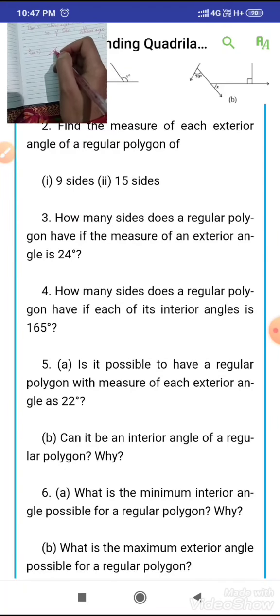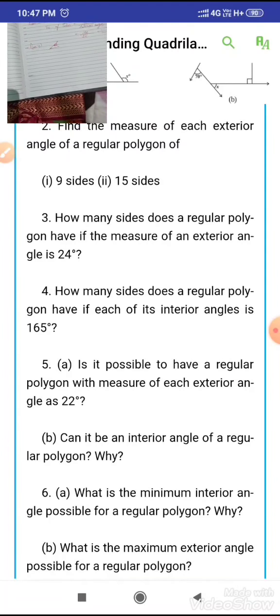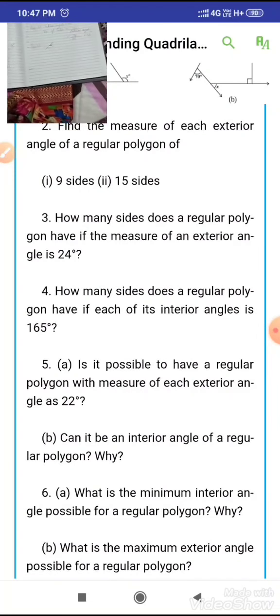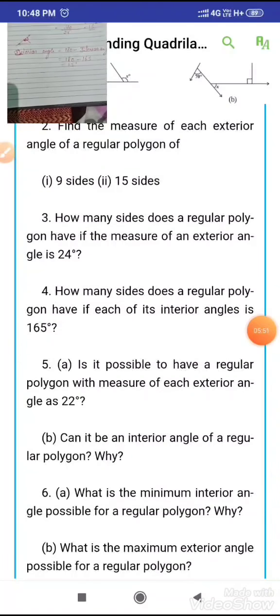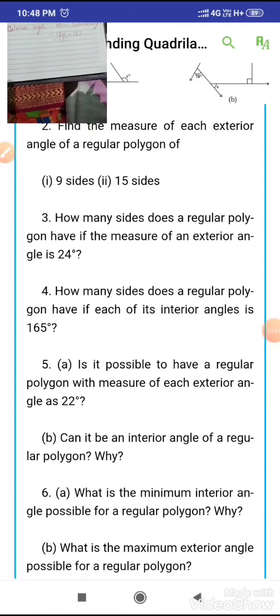So if we want to find the exterior angle, we have to subtract the interior angle from 180 degrees. After solving this, we find our exterior angle is 15 degrees.